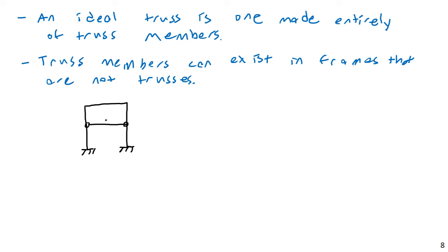And so as long as I didn't apply a load to the center of this thing, this would be a truss member, and it would only carry one axial force.